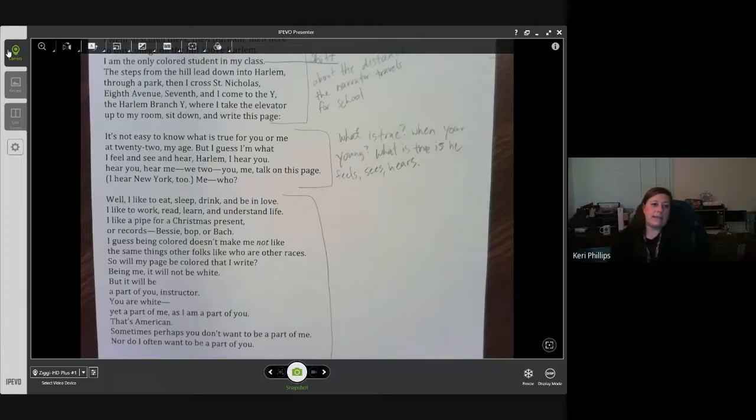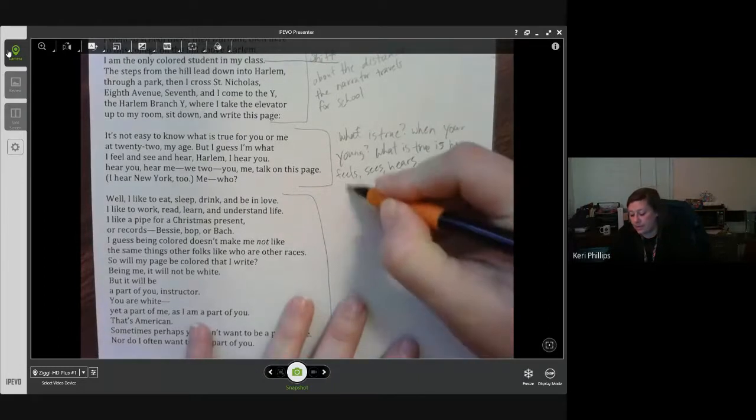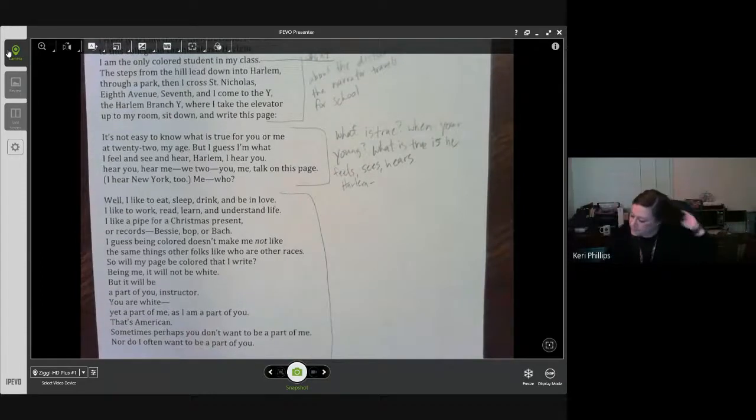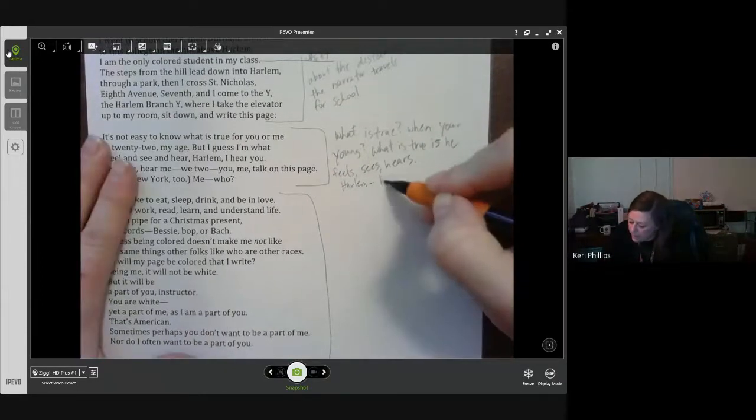And then he says, Harlem, I hear you. And so what do we know about Harlem at this point? All we really know is that's where he lives. But Harlem might represent something. And I would say the Black voice.